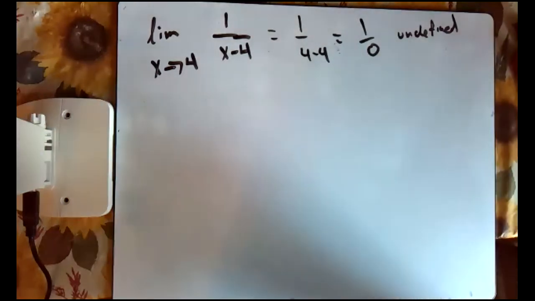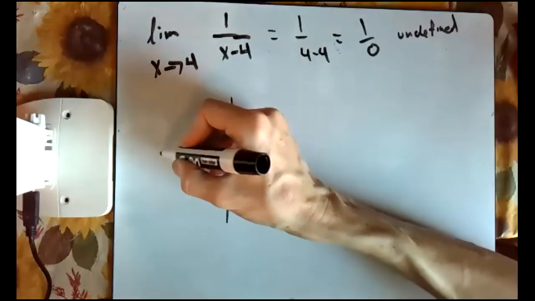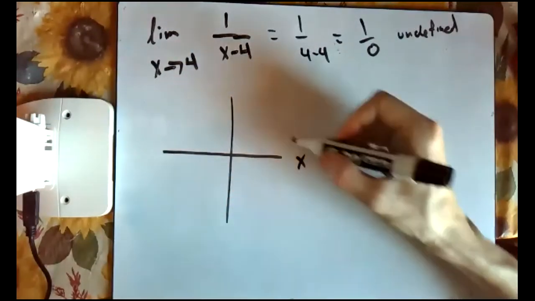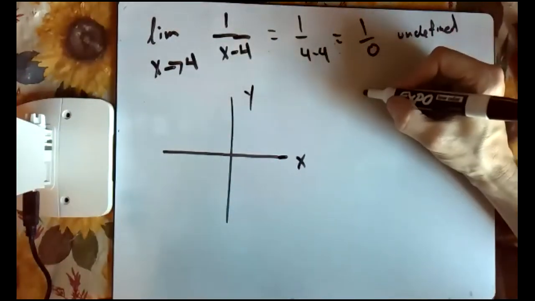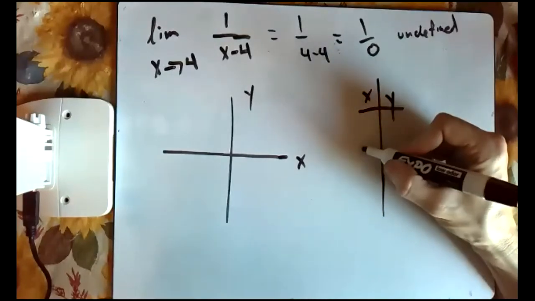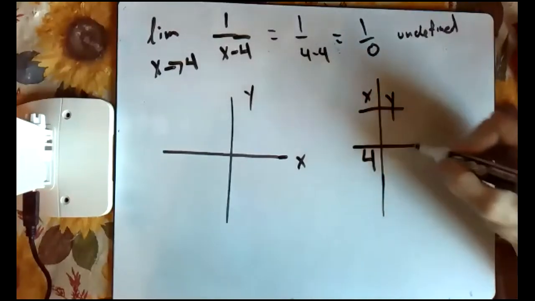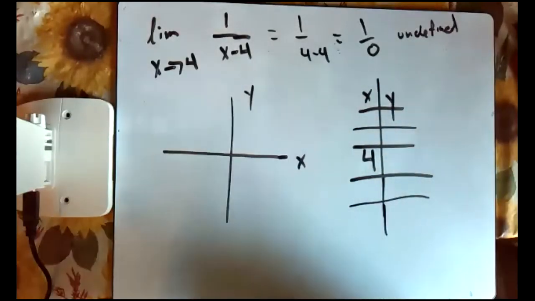So you can make a t-table. But if I just draw the graph out, I'll leave it up to you guys to draw the t-table or complete it. Remember what you would do is we have to choose numbers slightly smaller than 4 and a little bigger than 4.